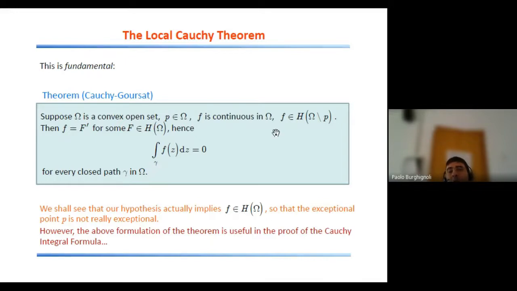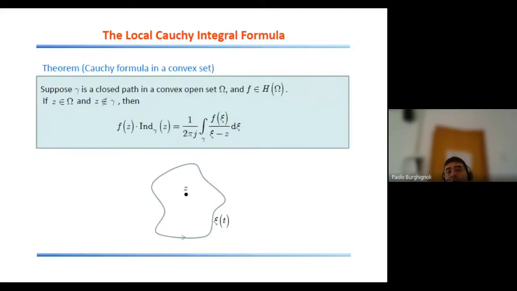So the point P, let's call it an exceptional point because we did not assume analyticity at that point, is not really an exceptional point. However, this way of formulating the theorem is useful because it can be directly used to prove the so-called Cauchy integral formula, which you can see in this next slide, in which the index appears.